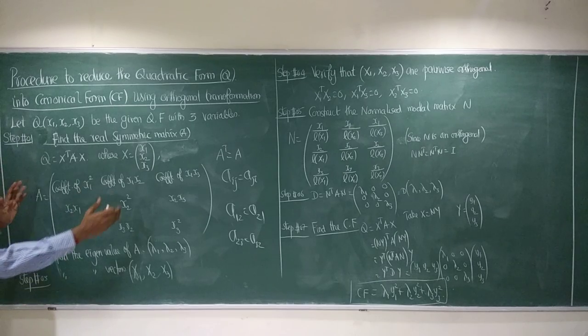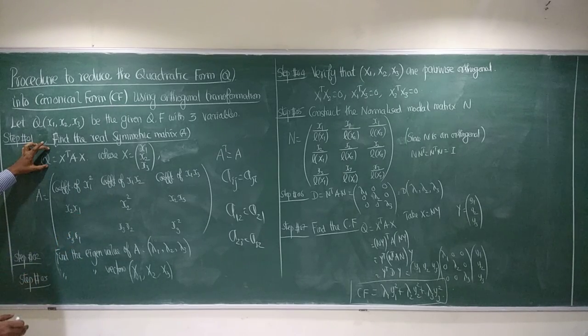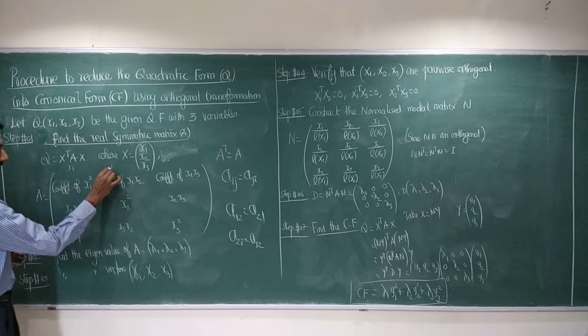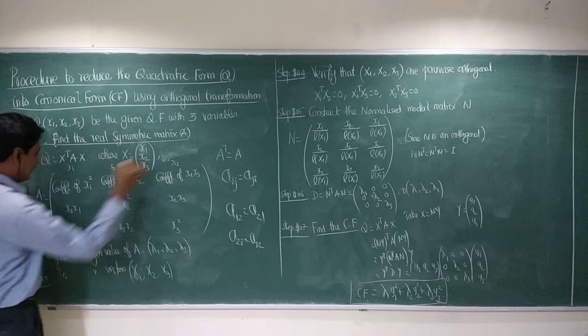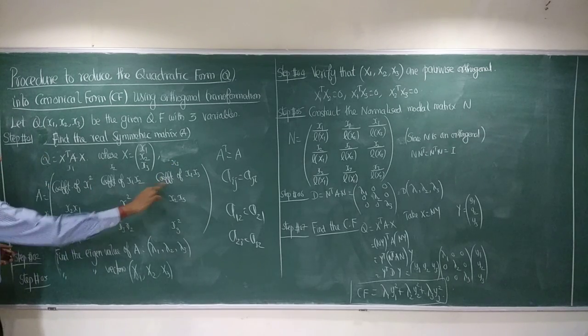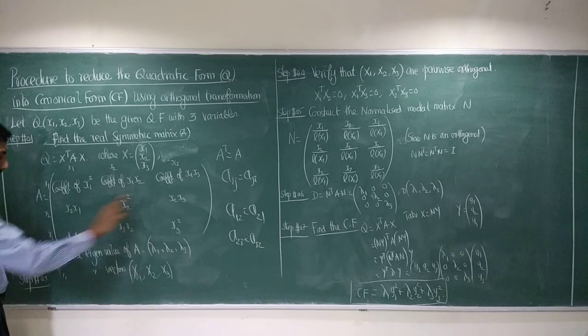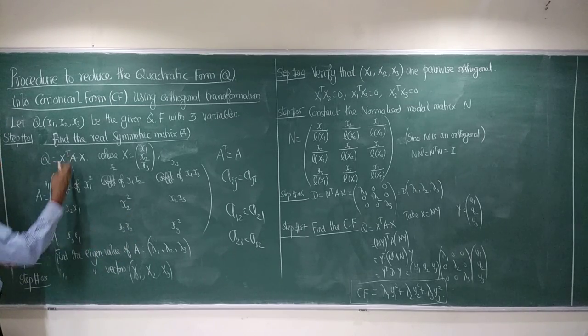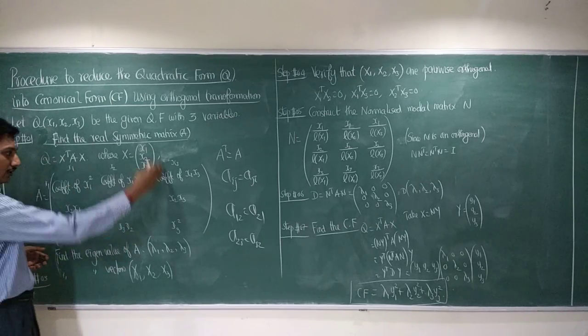Now, how to get the symmetric matrix? Very simple. In the given quadratic form, collect the coefficients. So this is x1, this is x2, this is x3, and this is x1, this is x2, this is x3. First row x1, second row x2, third row x3. First column x1, second column x2, third column x3.